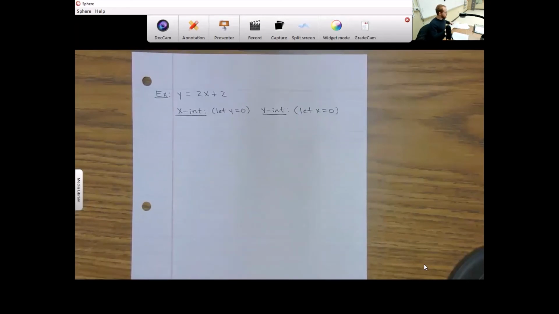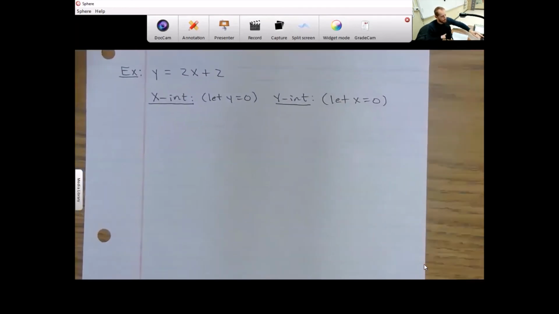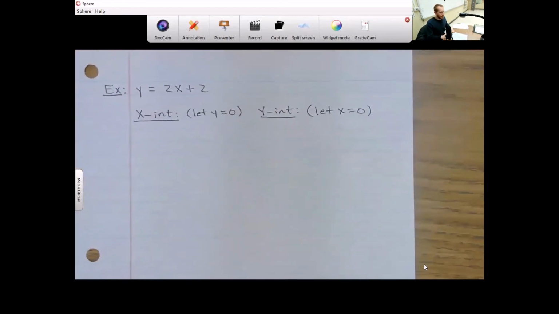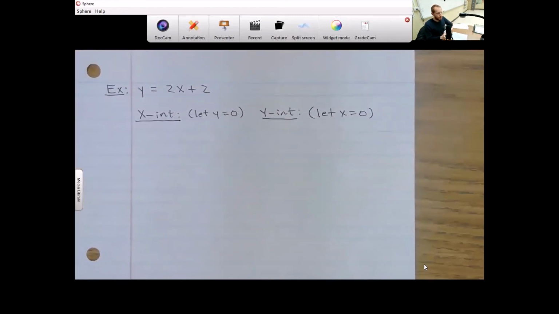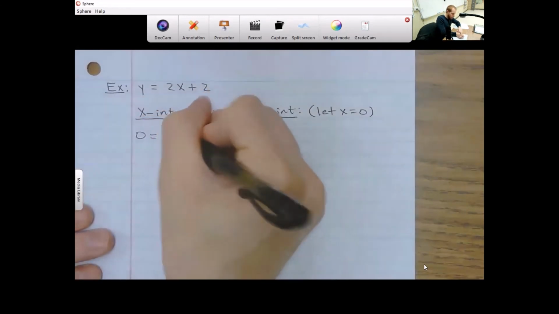And what I'm going to do is zoom in on it so you can actually see it, right? Perfect. Okay, so I got y equals 2x plus 2. Now the first thing we're going to do is find the x-intercept, and that's going to involve letting y equal 0, okay? So let's just replace y with 0 and see what happens. I get 0 is equal to 2x plus 2.